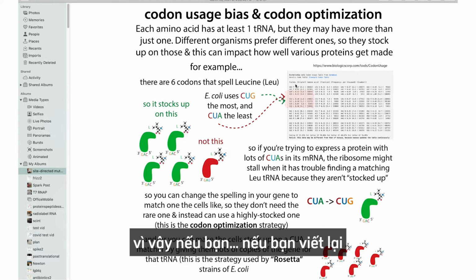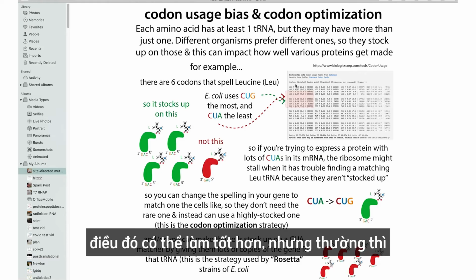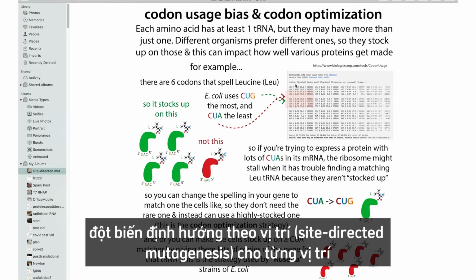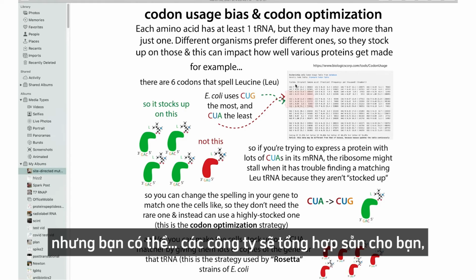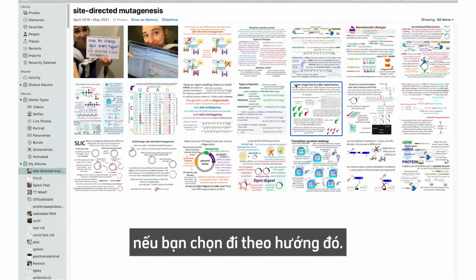And so if you change the DNA so it has that optimal codon for that organism, it might make it better. But typically you're not going to use site-directed mutagenesis to do this for each of the different sites, because that'd be really inefficient. But companies will synthesize it for you if you choose to go that route.